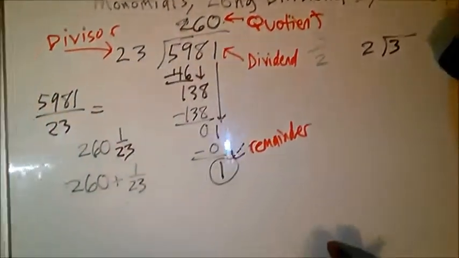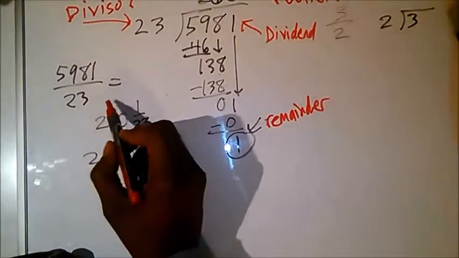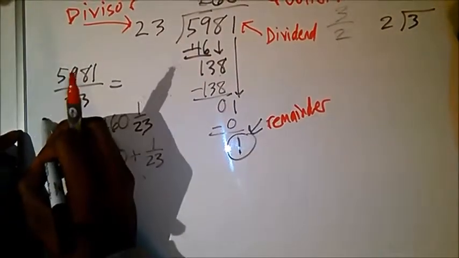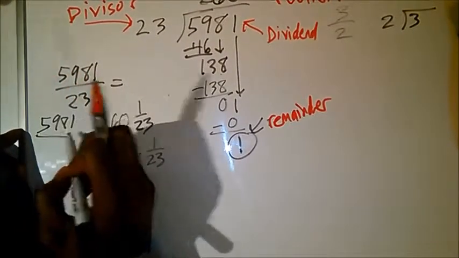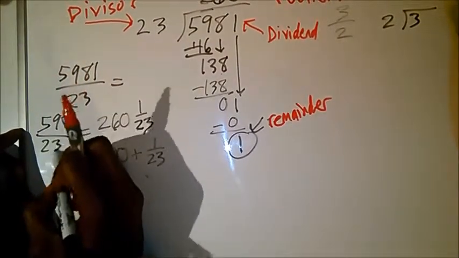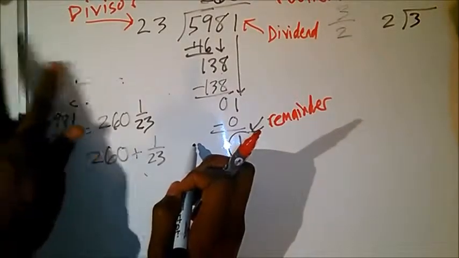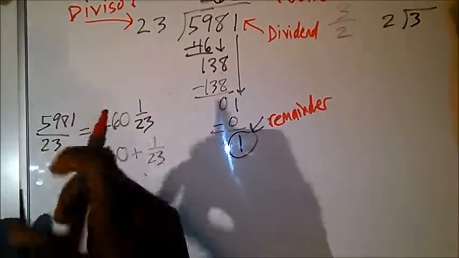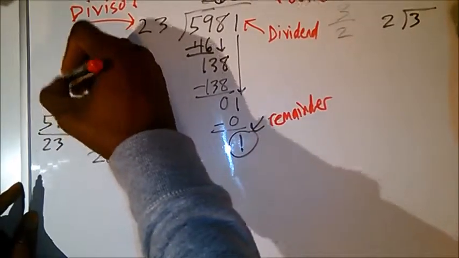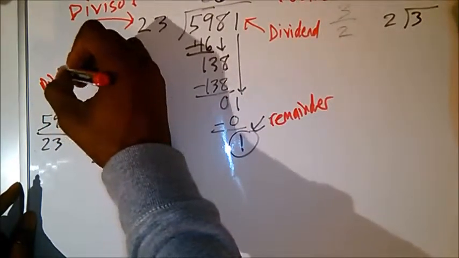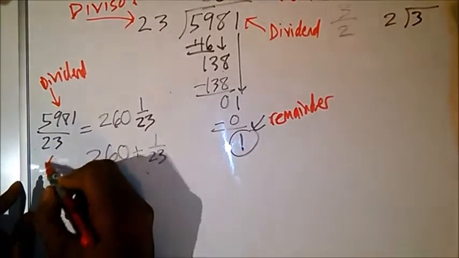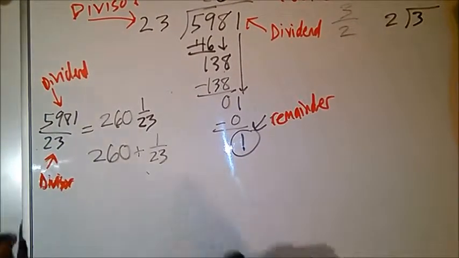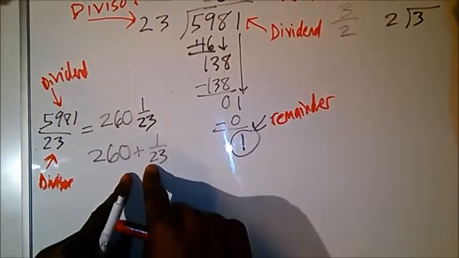And look how I expressed it. I expressed it in this way. Here we had our quotient, our dividend, and we had our divisor. And I'm going to use this one at the bottom.